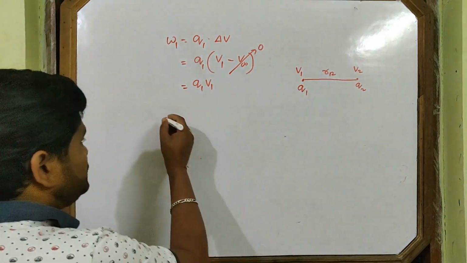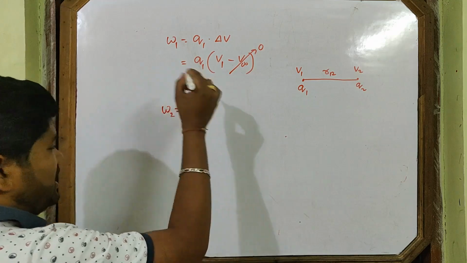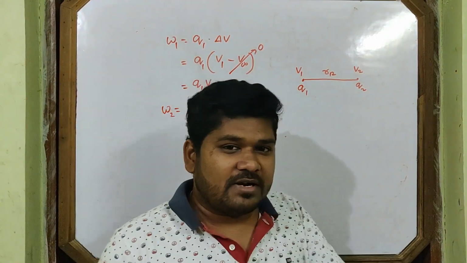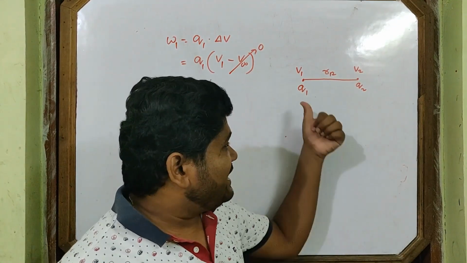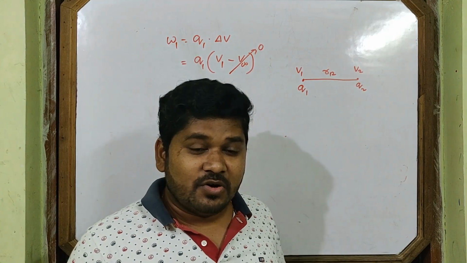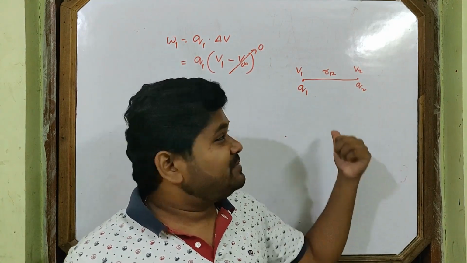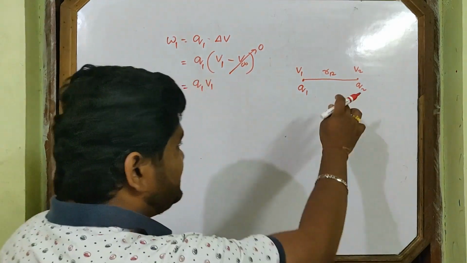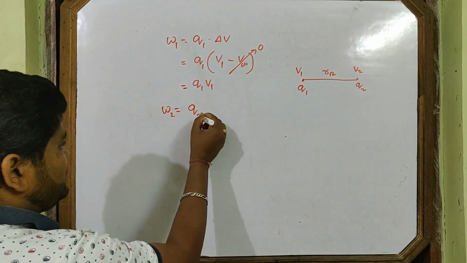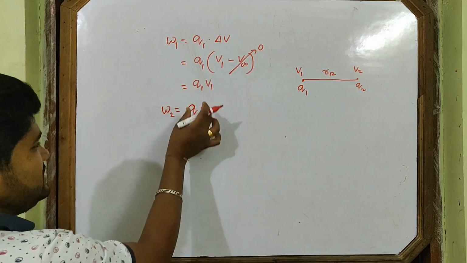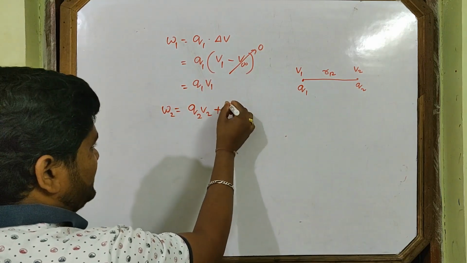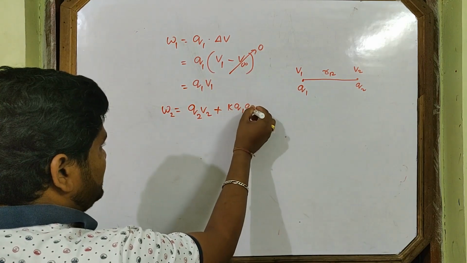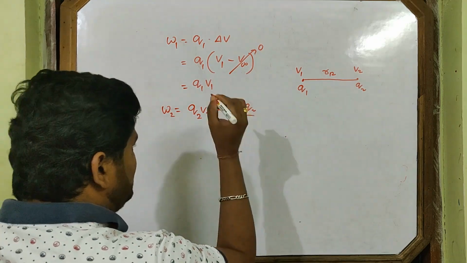Now when I bring Q2, what is the work done? I have to do two works. How? One is against Q1, one is against the field. Which field is present? At that point the potential is V2. Similarly, for the field, the work done is Q2 V2. And for Q1, the work done is K Q1 Q2 by R12.